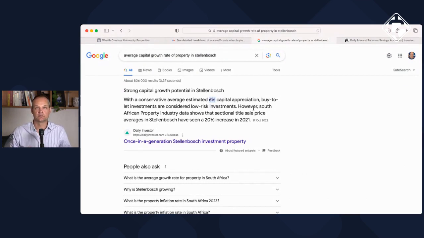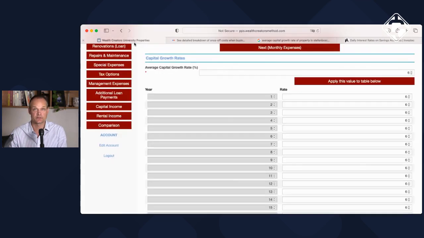So in good markets, you'll have a higher capital growth rate. And in less ideal property markets where the property market is struggling, you'll have a lower and potentially even a negative capital growth rate. But because it's in the Western Cape and the Boland area, and because it's linked to Stellenbosch with the university, it's got a very strong capital appreciation rate of 6%.